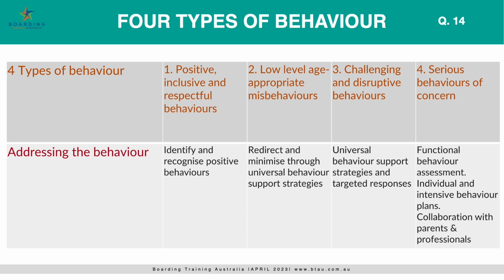Serious behaviours of concern could be things like assaulting and injuring another student, or bringing alcohol onto the school grounds. We use a functional behaviour assessment to try to understand why the behaviour occurred, and individual and intensive behaviour plans. We would be collaborating with the head of boarding, the school principal, and parents, of course, all through that.